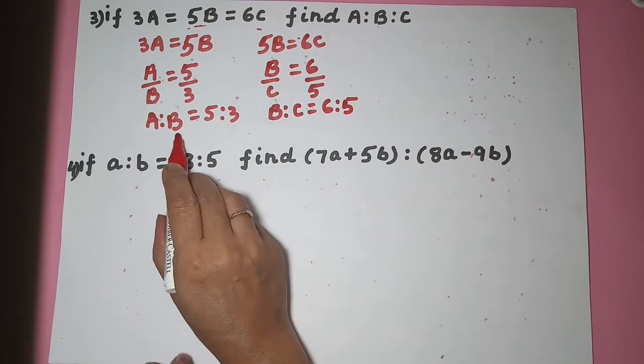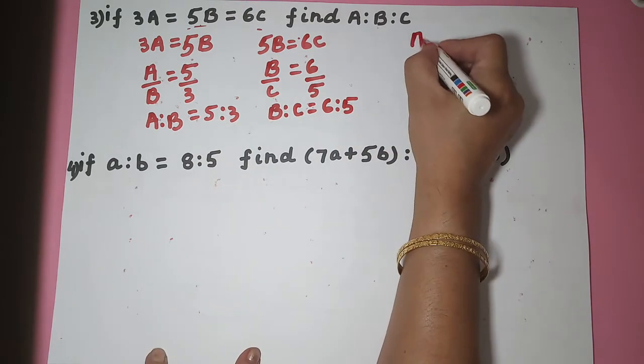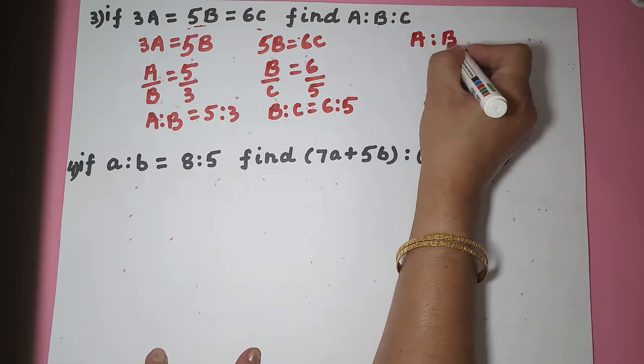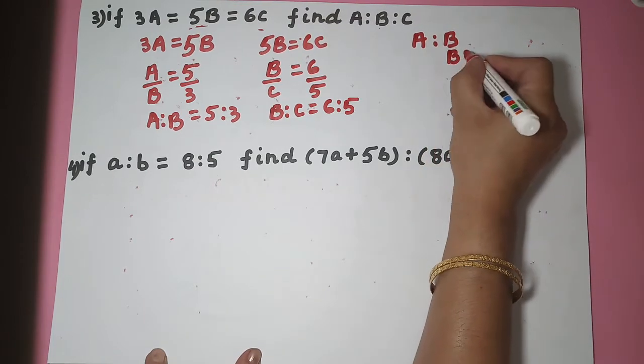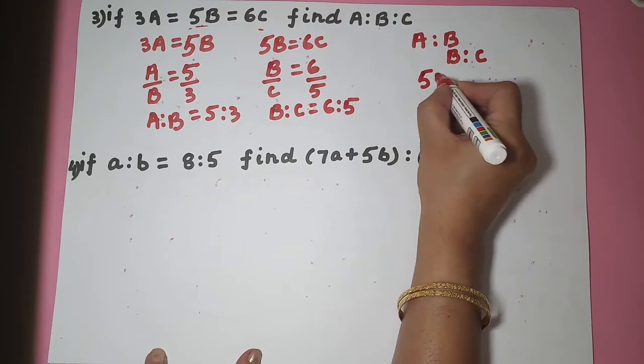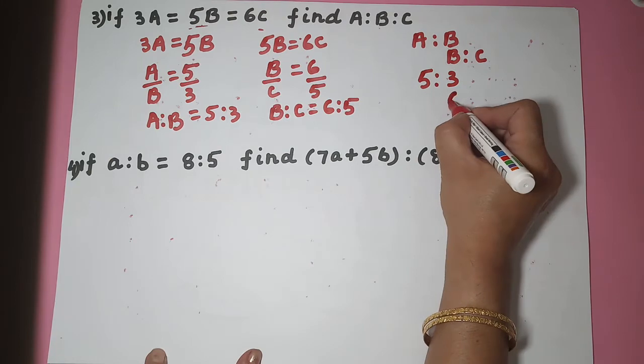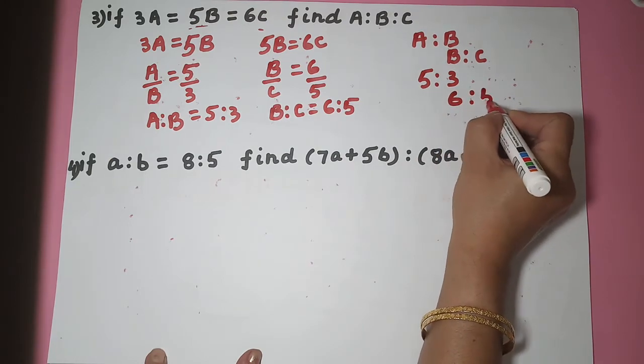Now I will use the same procedure which I used in the previous sum. I'll write A is to B and then under this B is to C. So what is my A is to B? It is 5 is to 3. And what is my B is to C? It is 6 is to 5.